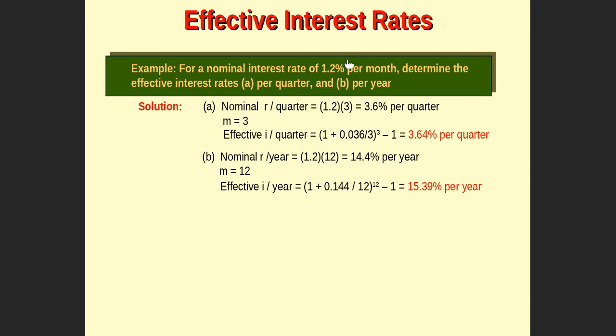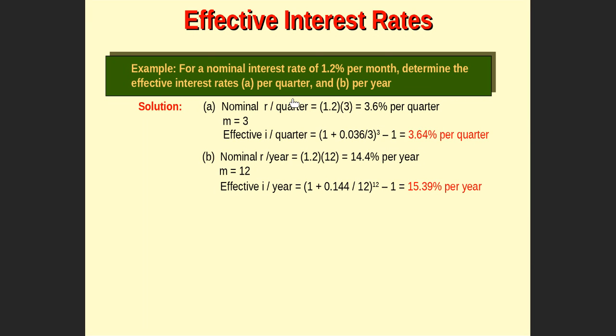The relation between the quarter and month is 3, because there are 3 months in the quarter. So you multiply 1.2 times 3 and that leads you to 3.6.